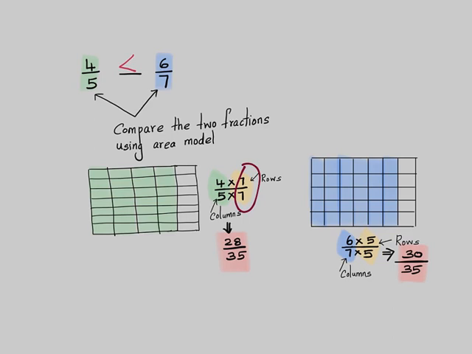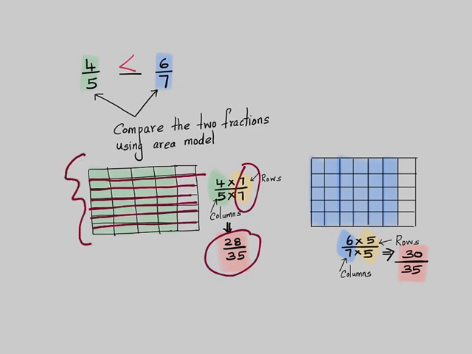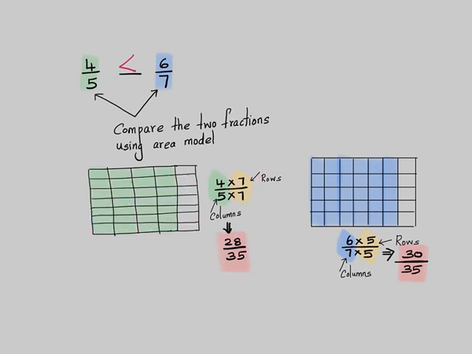For that, I made 7 partitions. 1, 2, 3, 4, 5, 6, 7 partitions. So that is how I got 28/35. That means in this area model, there should be 28 green squares, and the total number of squares should be 35.